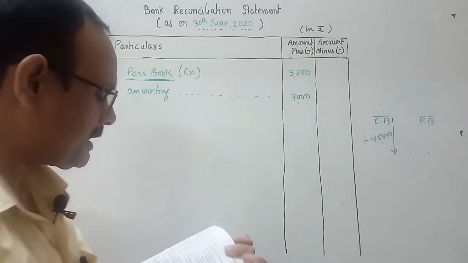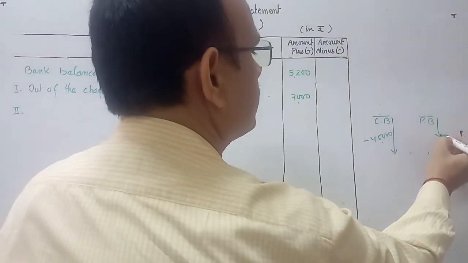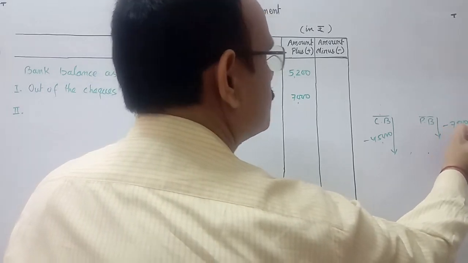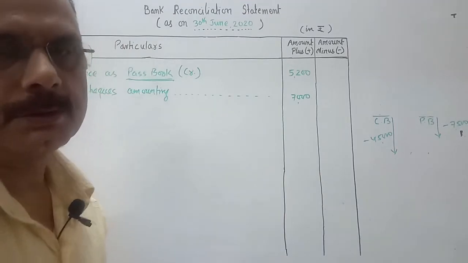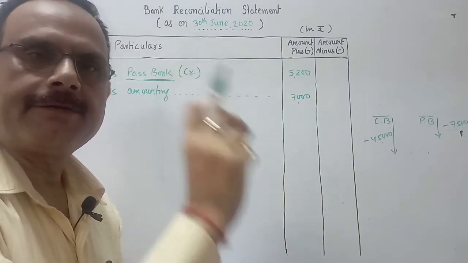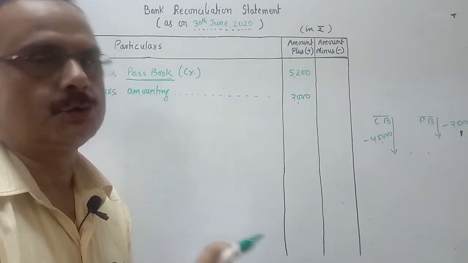Checks amounting to rupees 7,500 were presented for payment, so only 7,500 is deducted in the passbook. In the passbook this entry is recorded on the debit side, only 7,500 up to 30th June.